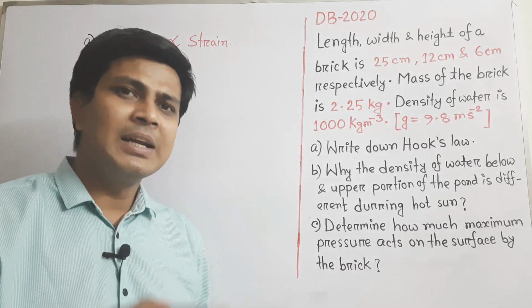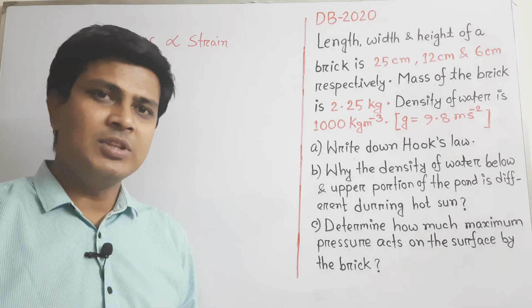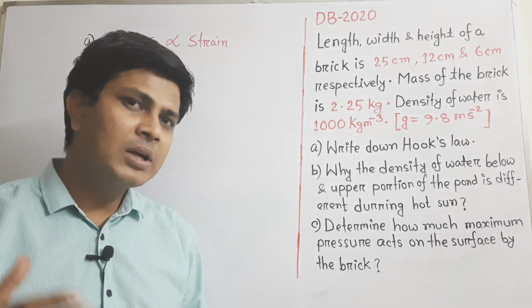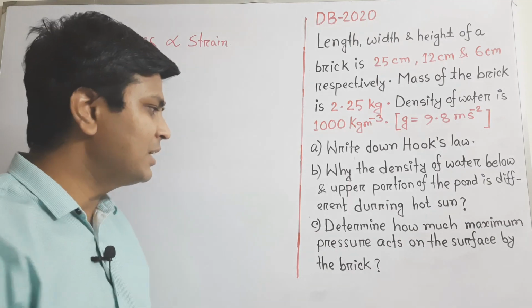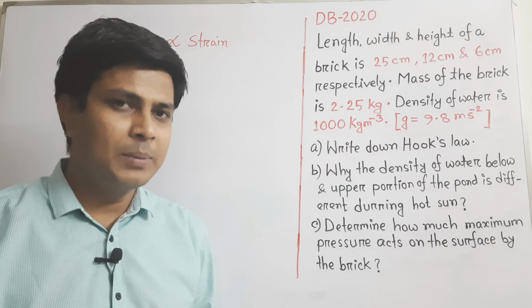As the temperature at the surface of the pond is more, the density of the water at the upper surface is different compared to the lower surface of the pond. That is why density is different at the upper surface and lower surface. I hope you have understood.